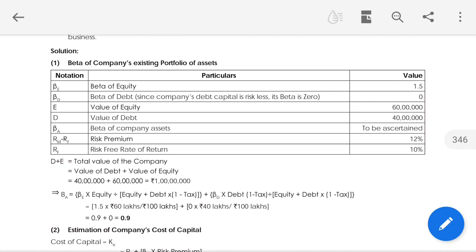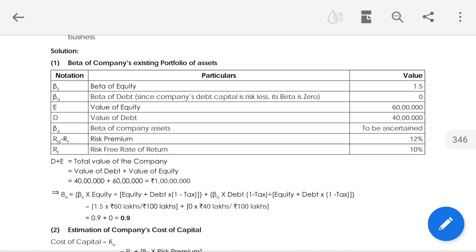Tax rate is not given, so debt plus equity into 1, that means 1 crore, plus beta of debt, that means undiversifiable risk of debt into debt divided by total value of liabilities, debt plus equity into 1 minus tax rate, that is equal to 1.